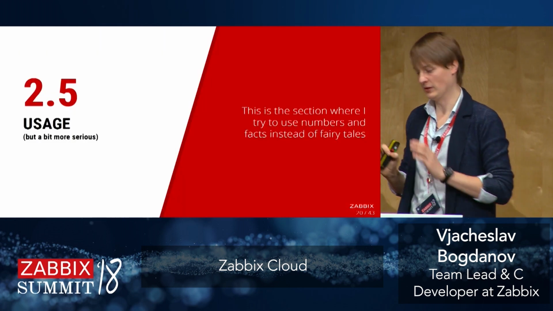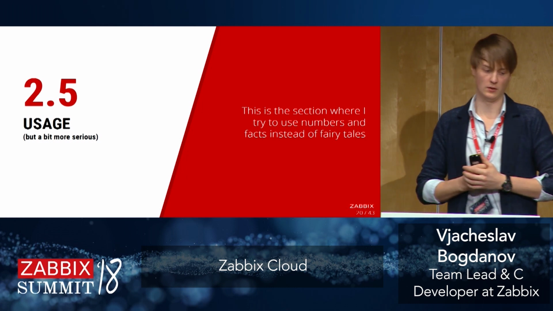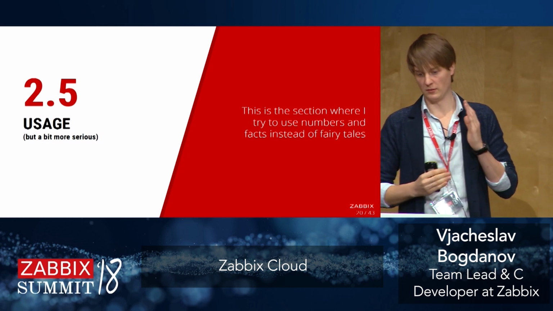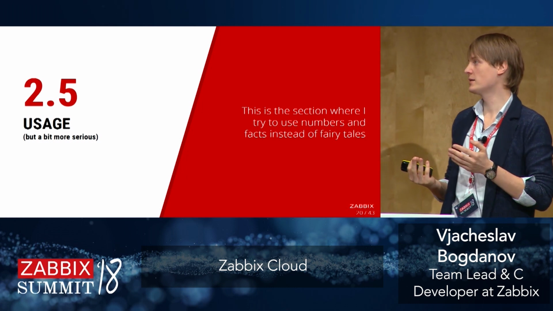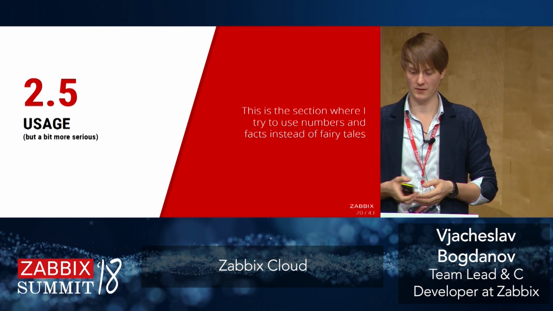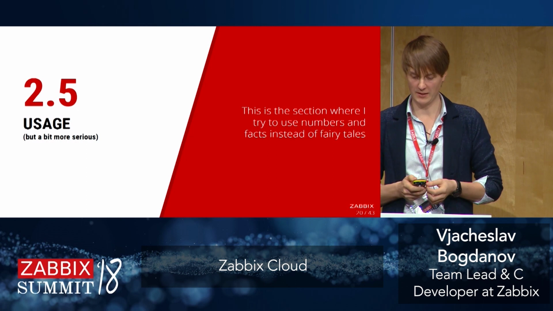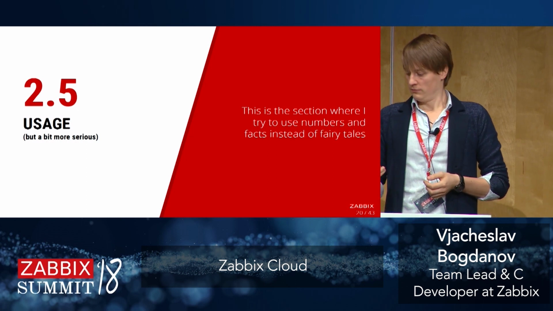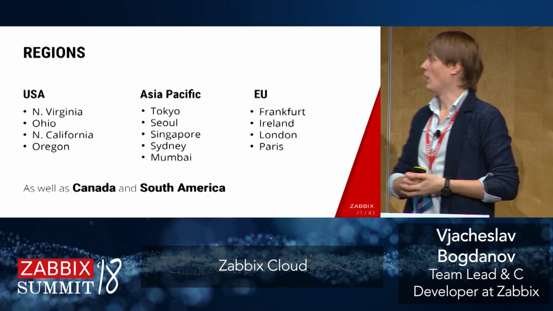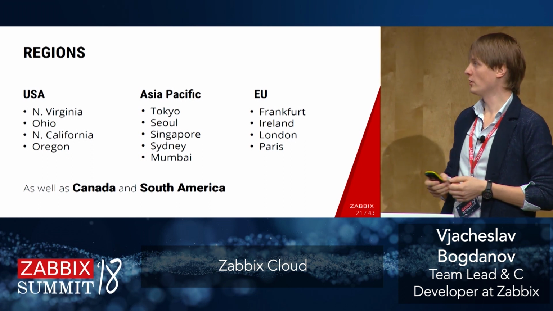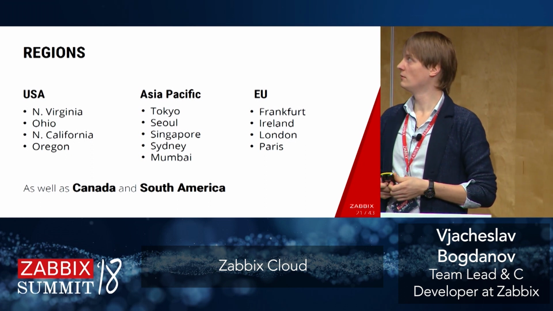And now I would like to be a bit more serious and put in a bit more facts and numbers, so maybe explain it a bit better. So, usage. Our solution is based on Amazon.